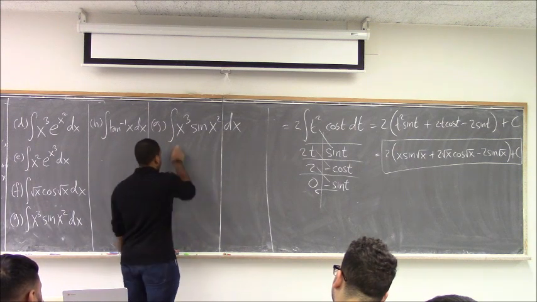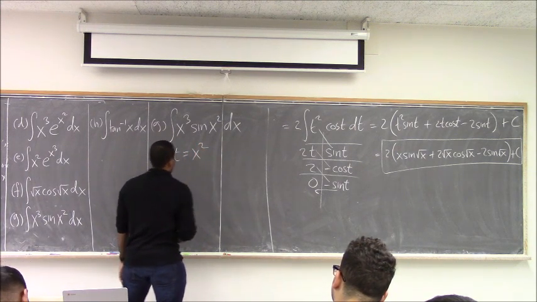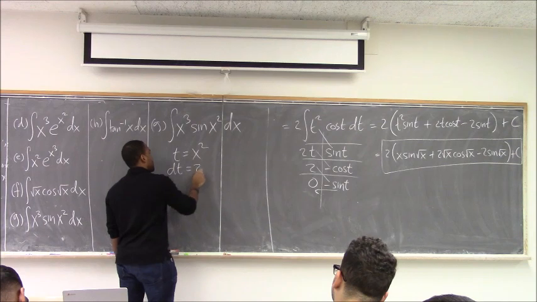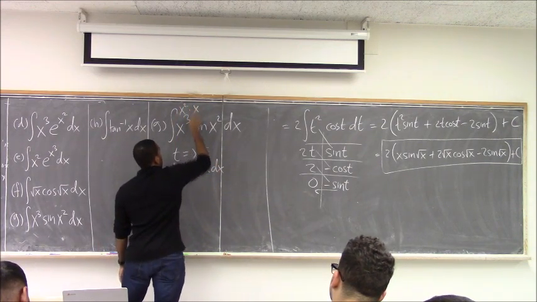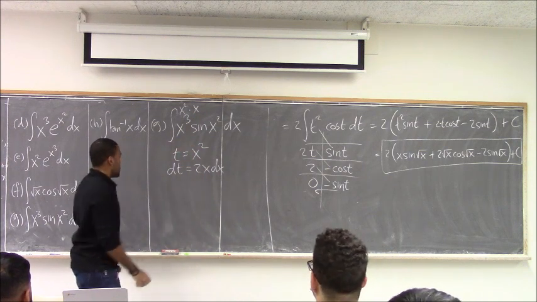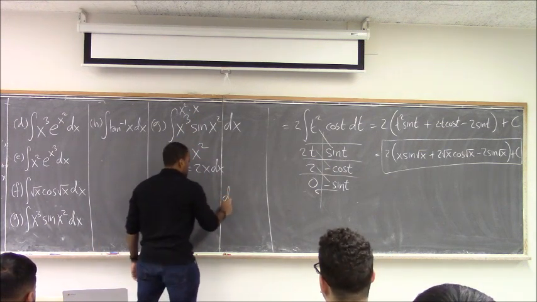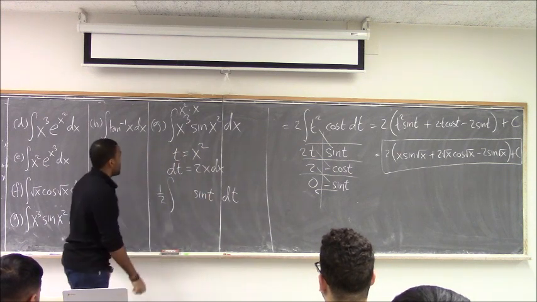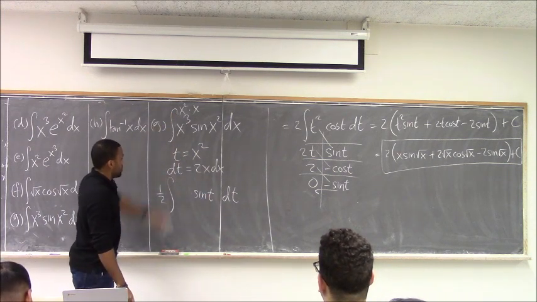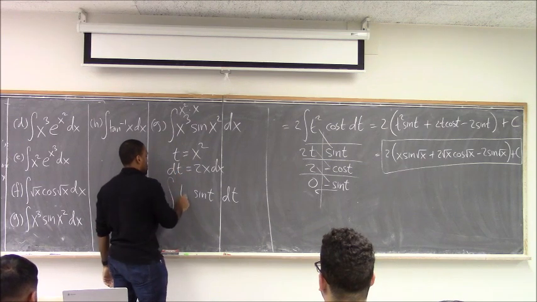Now we're getting it. This guy is x squared times x. So my x dx is taken care of by the 1/2 dt. I would have sine of t. And then after that, I'll be left over with x squared, which is t.